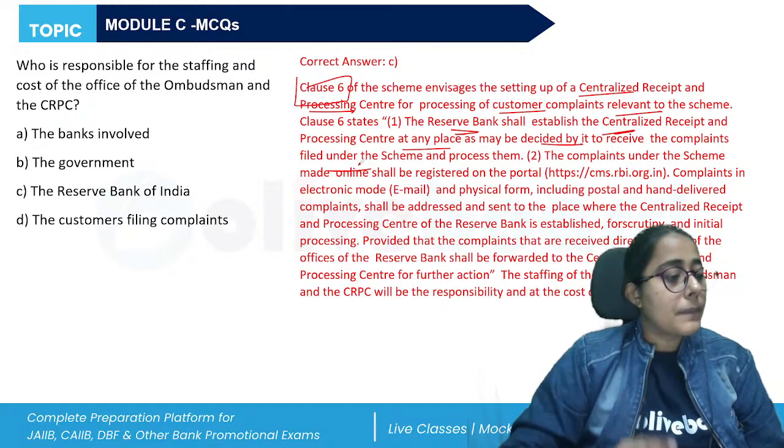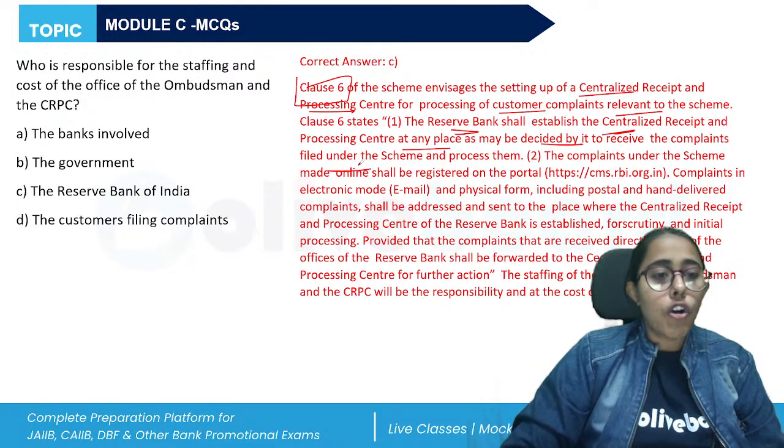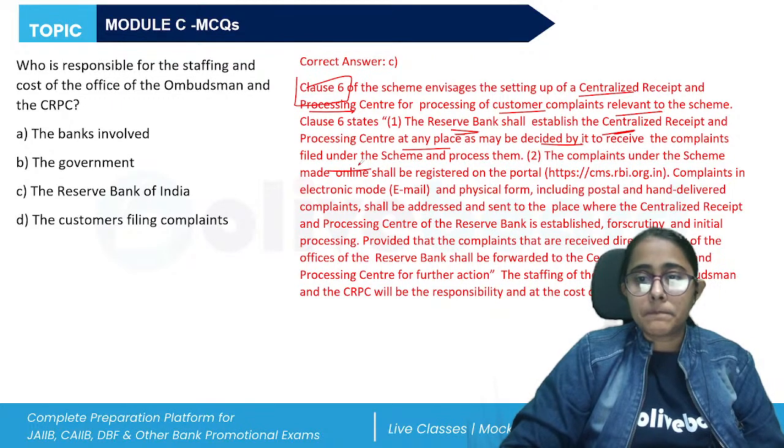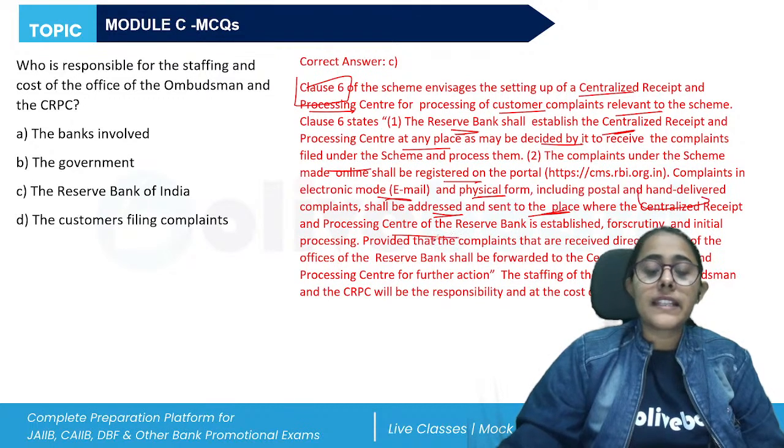So the RBI has the authority. They can decide in which place they are going to set up the CRPC, and also the cost of setting up and staffing will be undertaken by RBI. So all the complaints under the scheme that are made online, through email, and in physical form shall be addressed and sent to the place where the CRPC has been established.